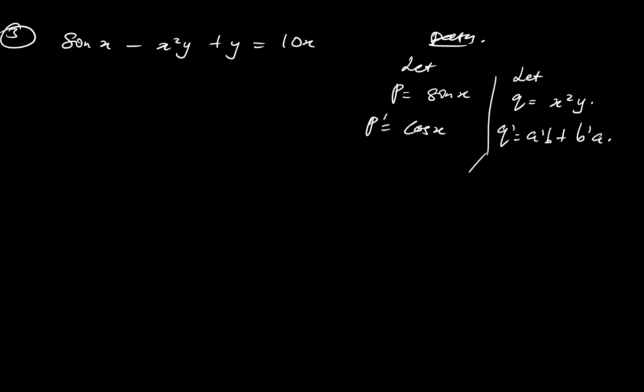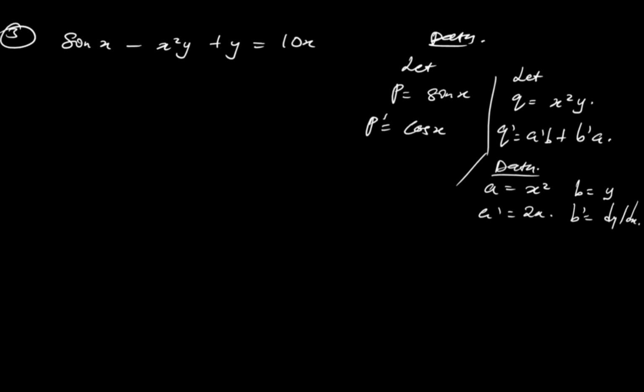So you can do a data up here and say, what is the value of a? The value of a is x squared. Now what's the value of a prime? A prime is 2x. What's the value of b? B is simply just y. What of b prime? The derivative of y will be 1, but since you have to add dy over dx, we'll just say it's dy over dx.